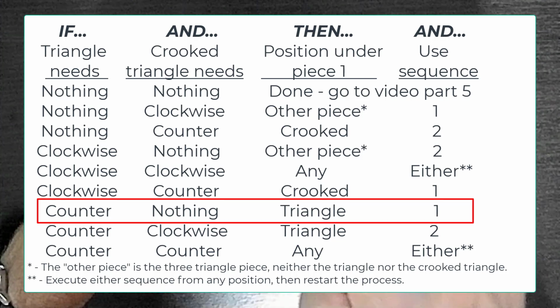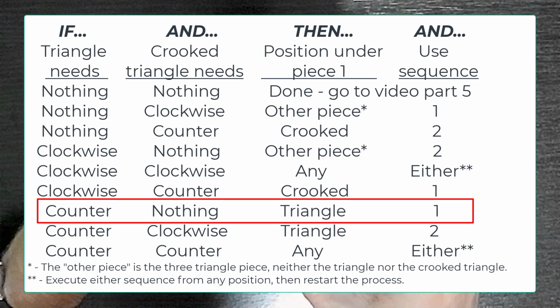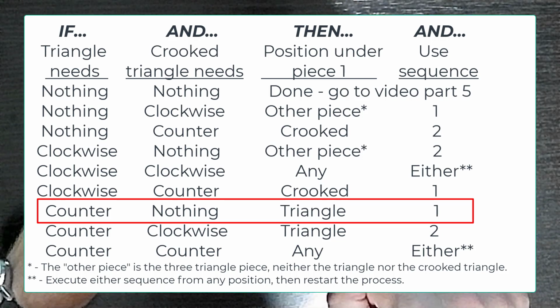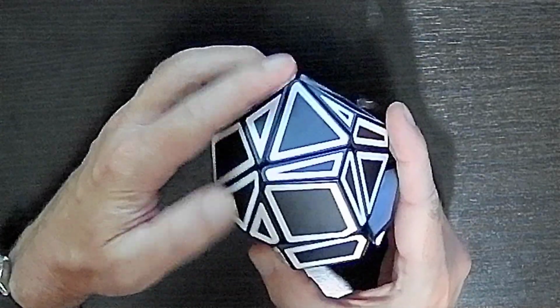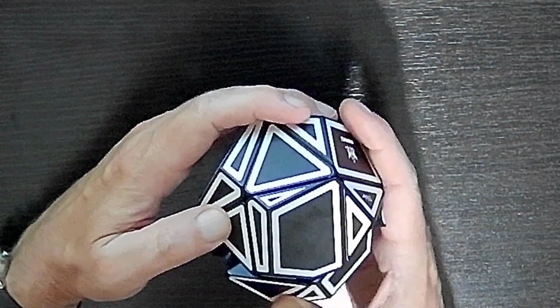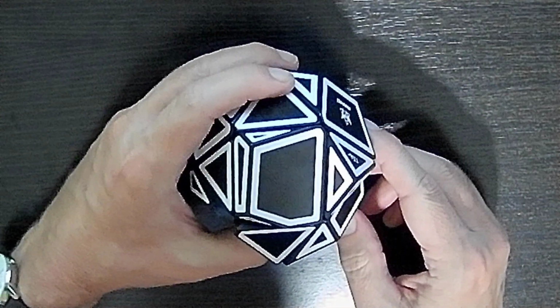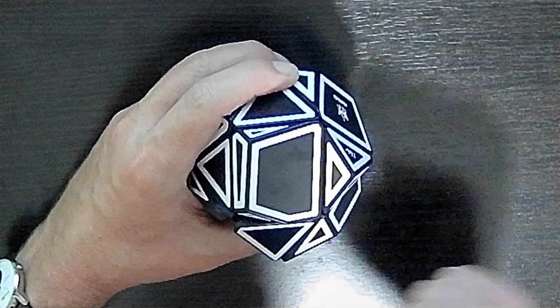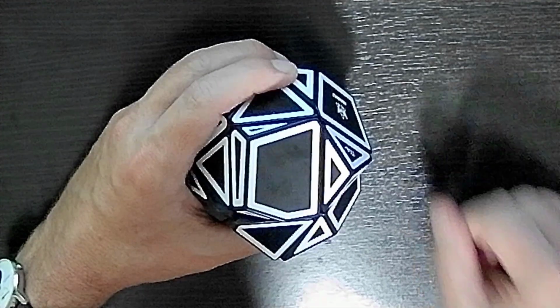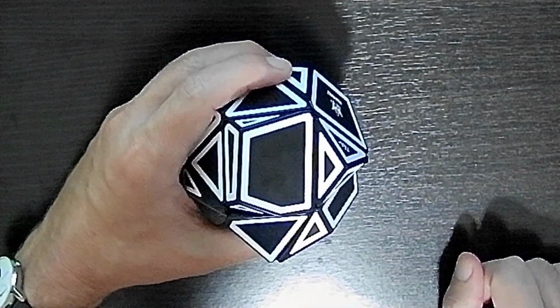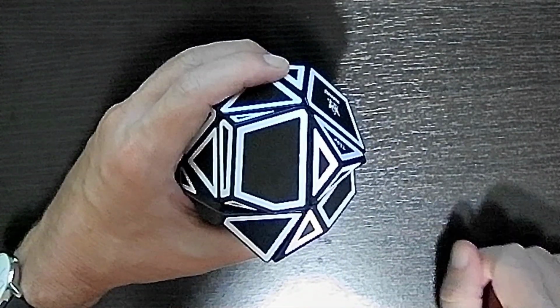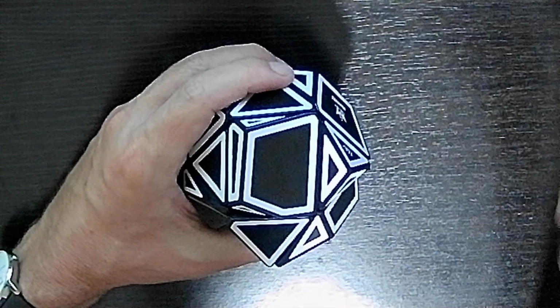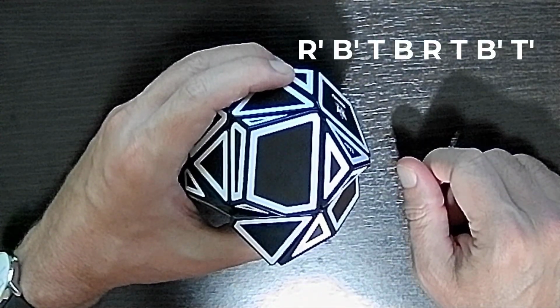In this case, because the crooked triangle is good, and because the triangle needs to be rotated counterclockwise, what I'm going to do is come back to position 1. I'm going to set the triangle under piece number 1, and I'm going to execute sequence 1.